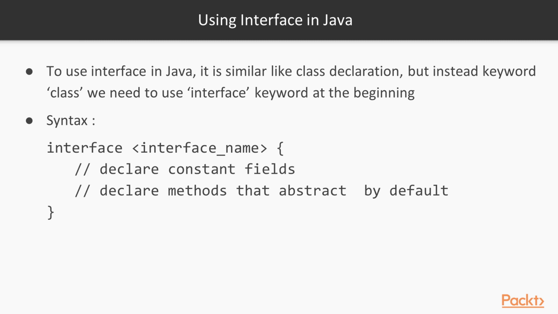The class that implements an interface must implement all methods declared in the interface, using the implements keyword. An interface is implicitly abstract and does not need the abstract keyword. Each method in an interface is also implicitly abstract, so the abstract keyword is not needed for the method either.